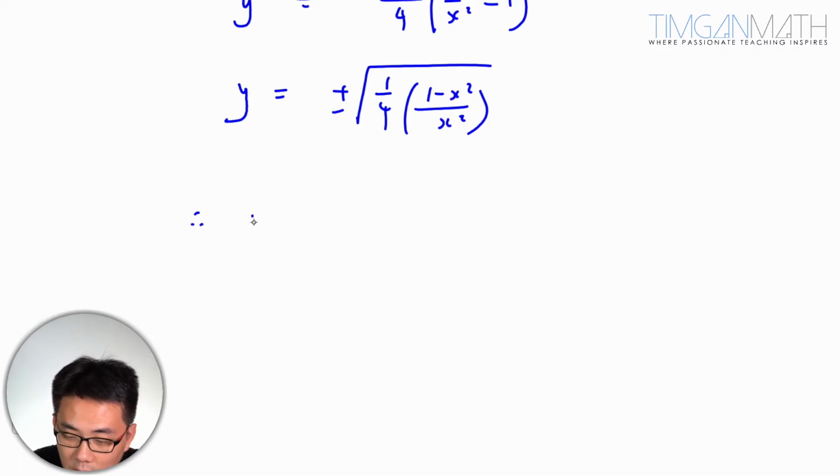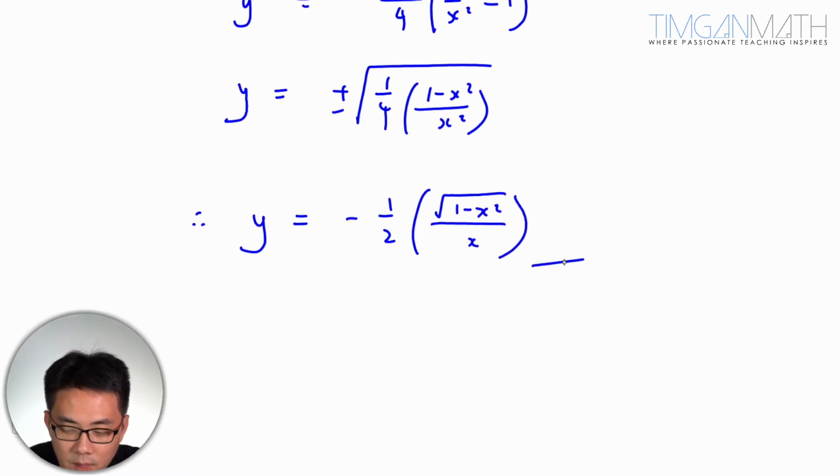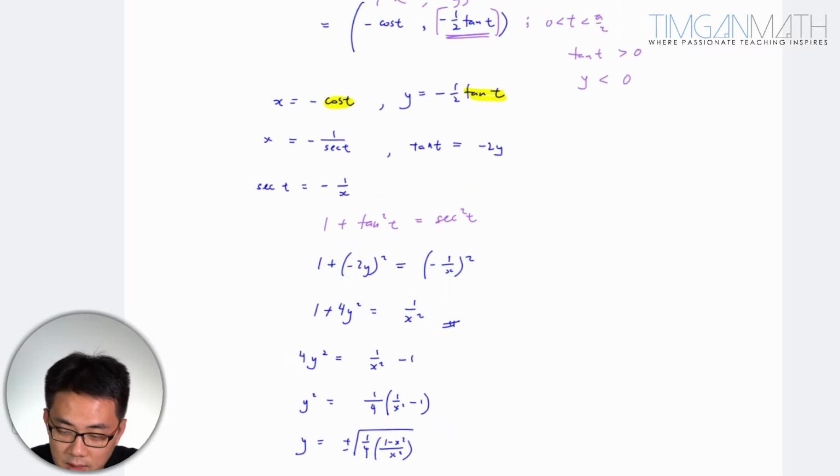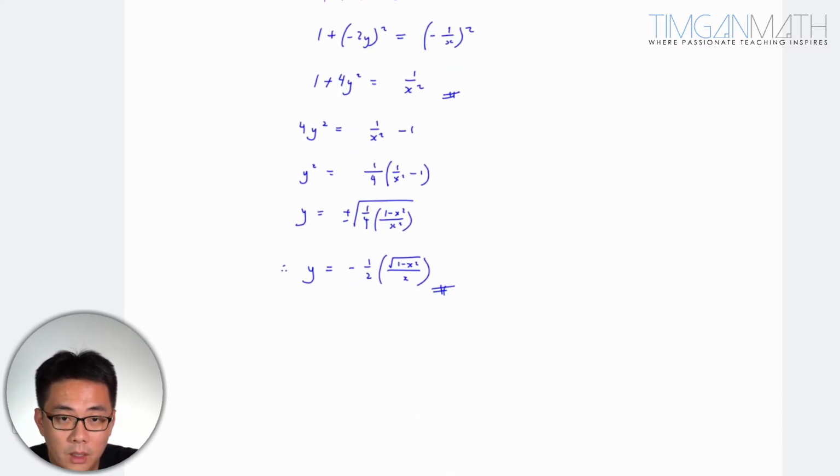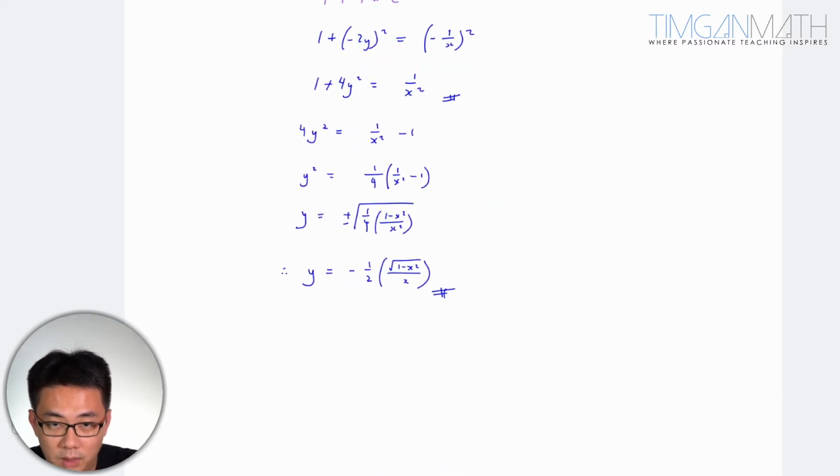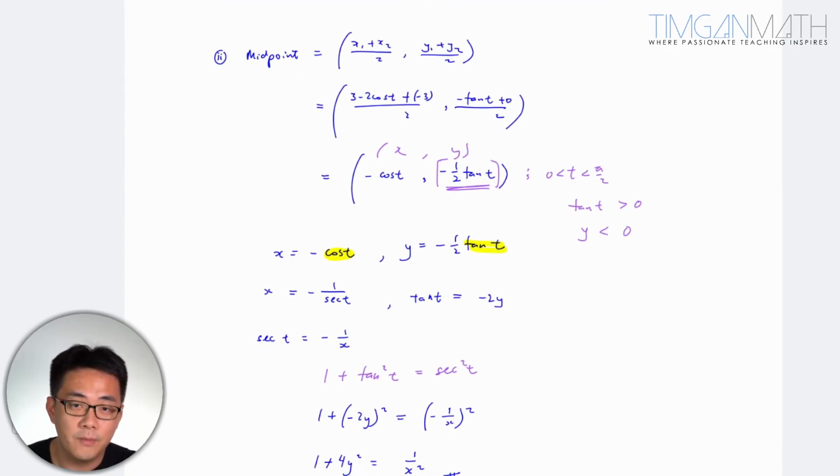So the equation of the line here, this is very important, will be y equals negative square root of 1 minus x squared, over 2x. Now the problem here is that I'm not sure how particular they want it to be, because the x has to be negative, since cosine squared is made negative.